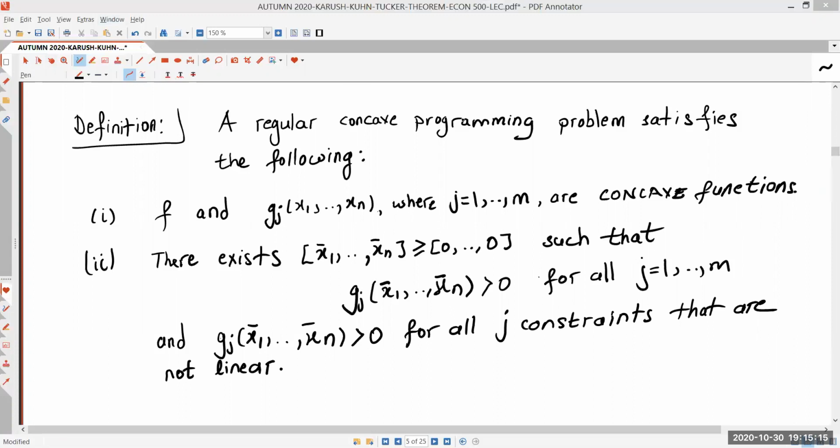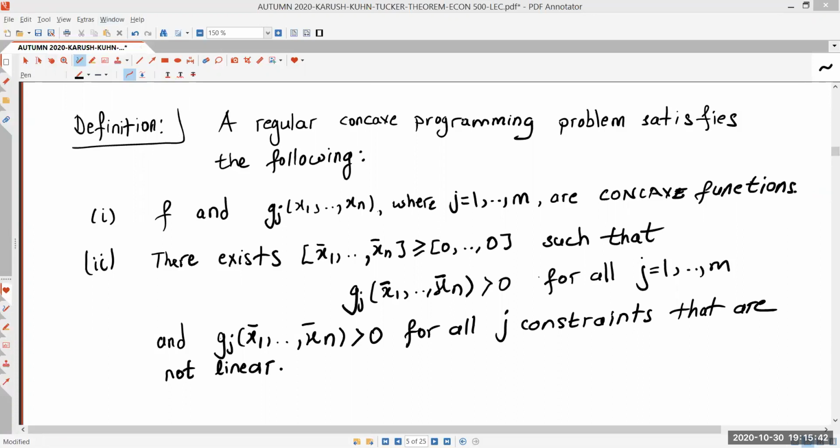Now here I give a definition. This is basically relating those first order conditions, regularity conditions, with the second order conditions. I make the assumption, and then I call it a concave programming problem. What I assume is that the f function, the objective function, and the constraint functions are all concave, okay?